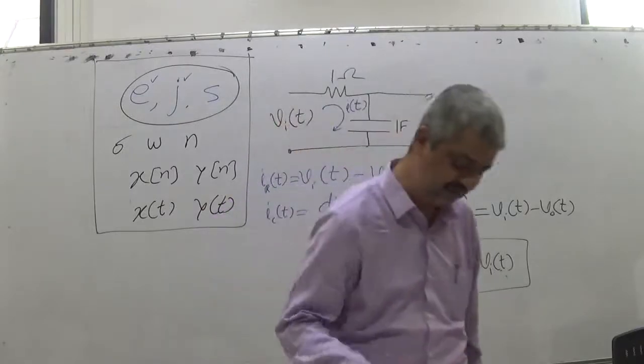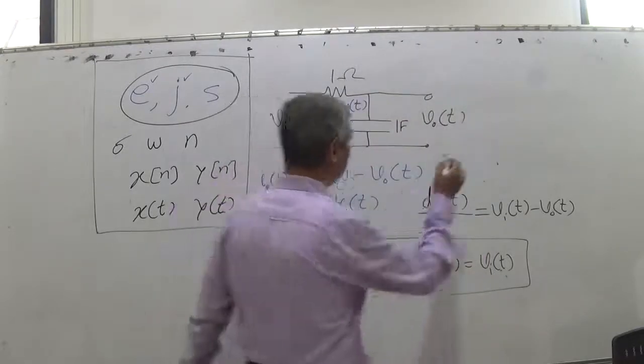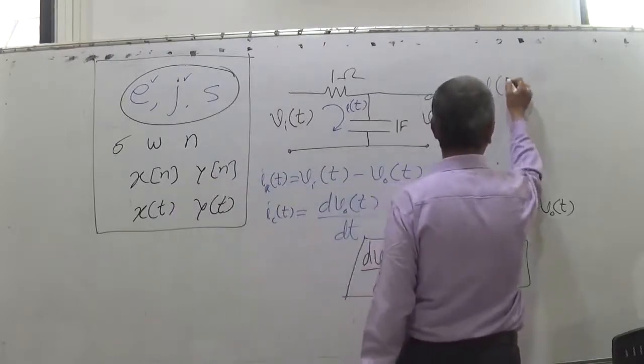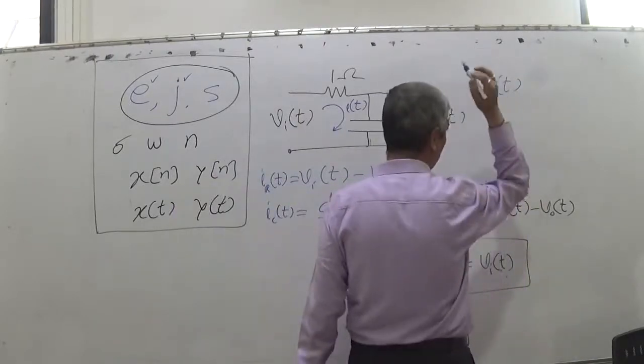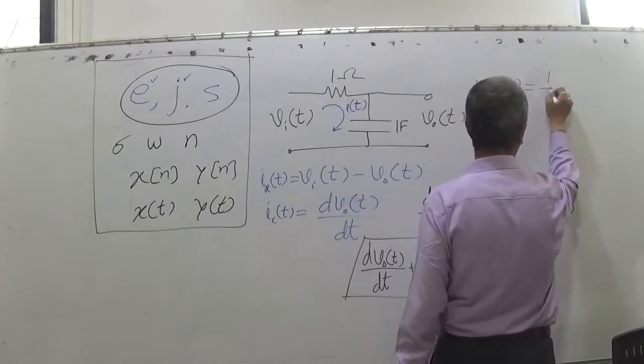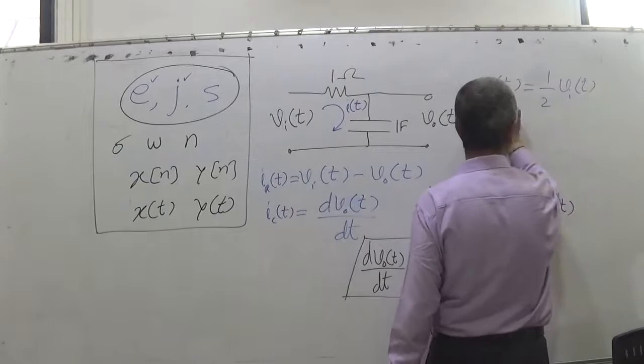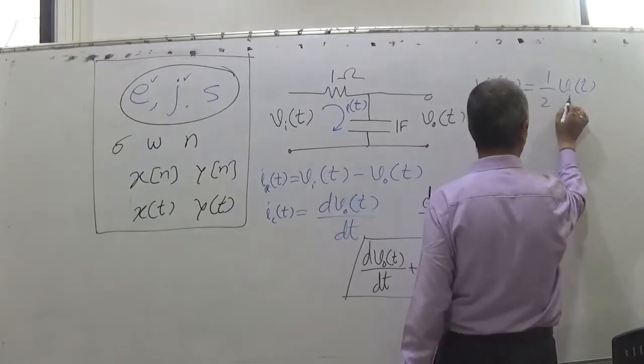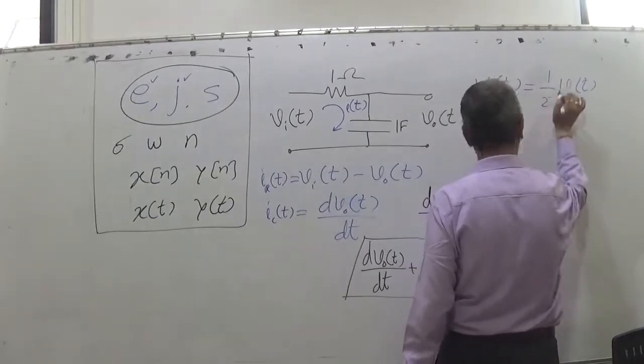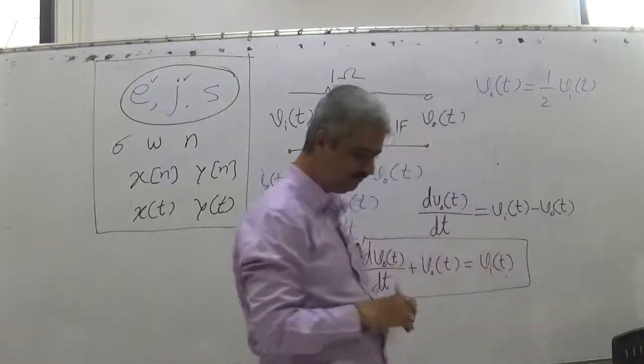In the previous case, we had VOT. If in that case R1 and R2 are both 1, then it is equal to half V in T. So output was depending upon input at that instant by some constant of proportionality.